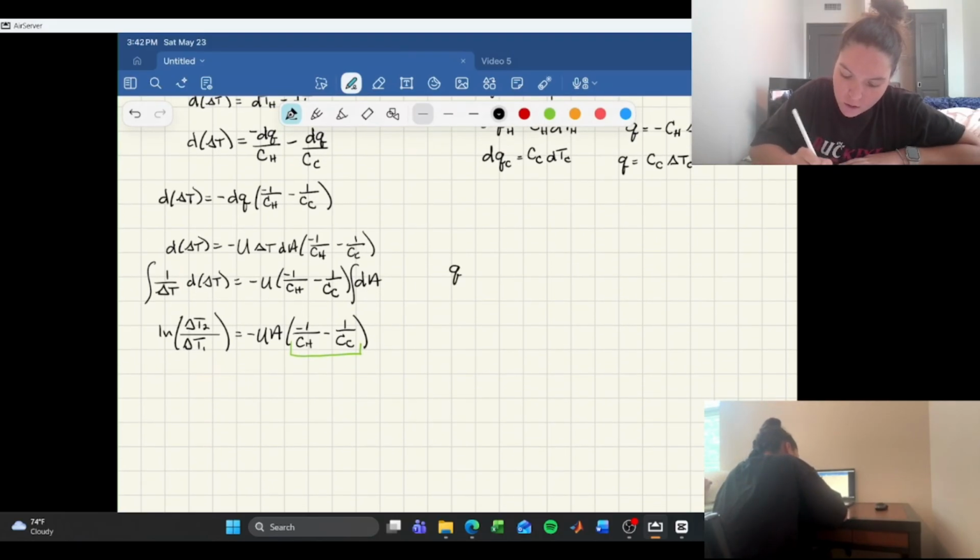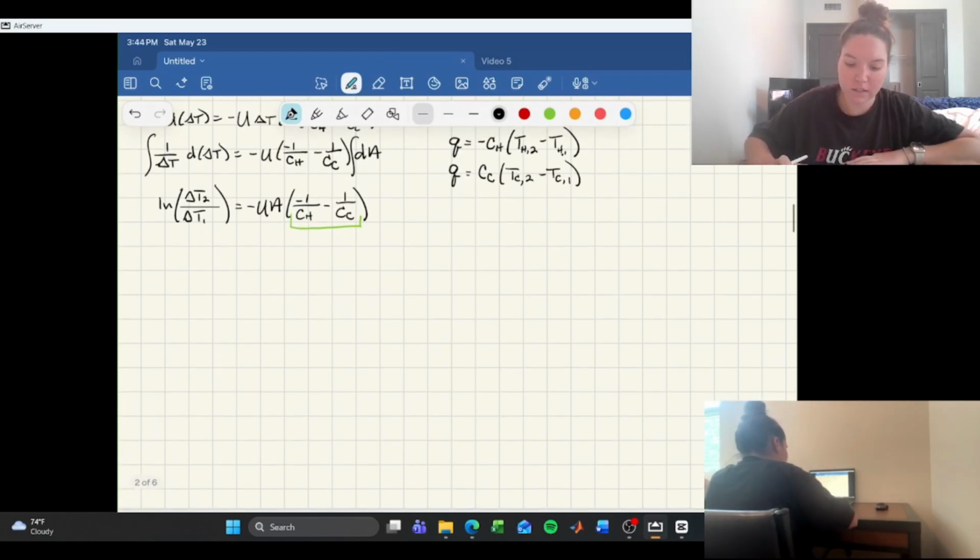So for the hot stream, we're going to have that the heat flow is going to be equal to negative mass flow rate heat capacity of the hot stream, and then the change in temperature of the hot stream is TH at 2 minus TH at 1, or initially, and it's going to be the same setup for the cold stream. Mass flow rate heat capacity times the temperature of the cold stream final minus the temperature of the cold stream initial.